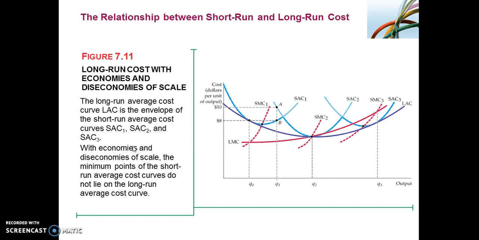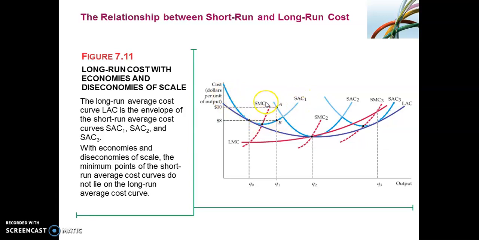In figure 7.11, we can see the relationship between our short run and long run cost curves. So let's go back to that printing shop example. Now imagine you were to consider three different shop sizes. And if you were to expect an output of, let's say, Q0, then it would make sense for you to go for the smallest shop size.